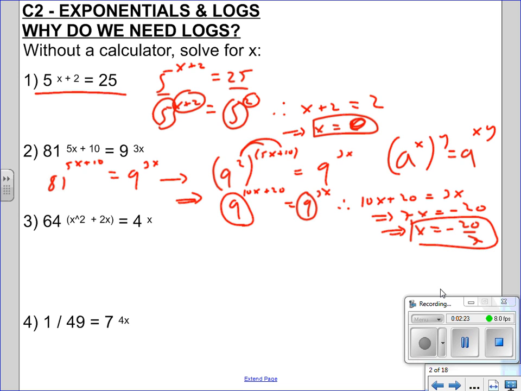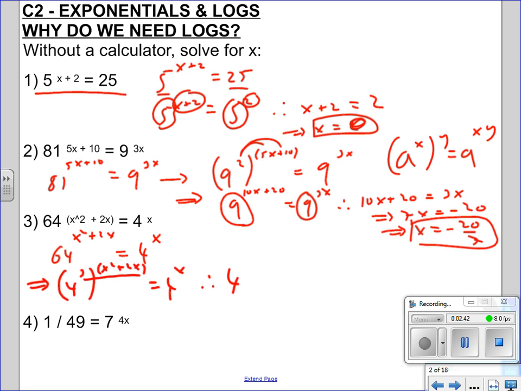So 64, let's do number 3. So this is 64 to the x squared plus 2x is the same as 4 to the x. Again, 64 is the same as 4 cubed, all to that power. And therefore the bases are the same. Your powers, so 4 lots of 3 times x squared plus 6x is the same as 4 to the x.